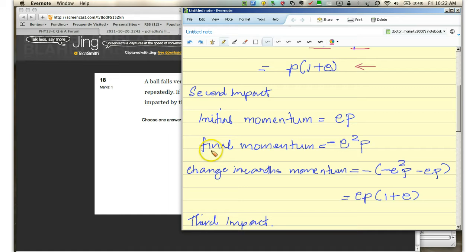Final momentum is going to be, by the same logic as earlier, minus e squared p. Same logic as in the first step. And again, if you apply the same logic for change in Earth's momentum, it's going to be minus of minus e squared p minus ep. If you simplify this, this will work out to ep into 1 plus e.